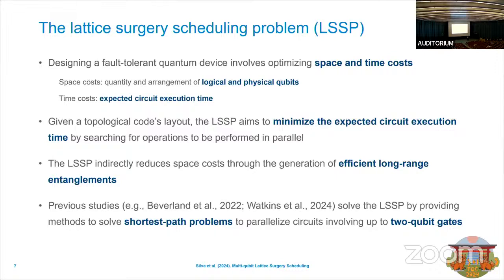But I will show later that because of the transpilation algorithm that we run, there is a higher likelihood that the operations will become larger and require multiple qubits. And for generating the connections between these multiple qubits, we are required to solve Steiner tree problems. Okay, so this is a classical NP-hard problem in optimization.